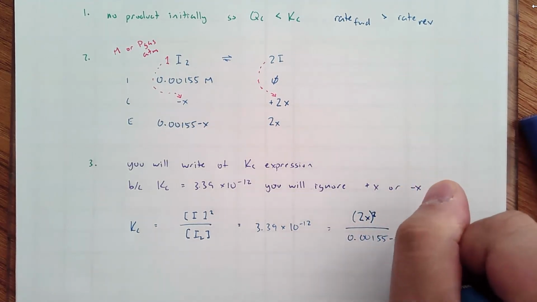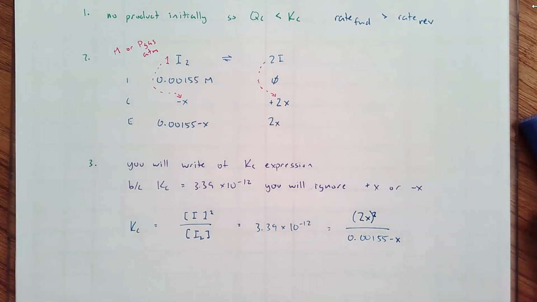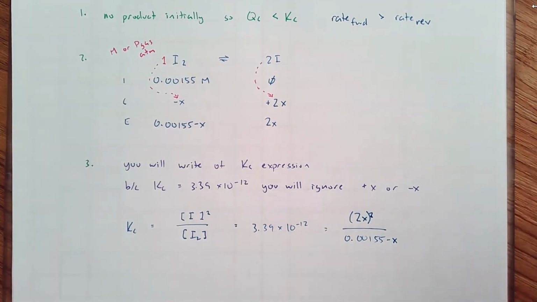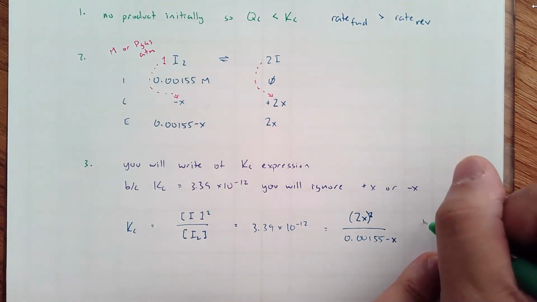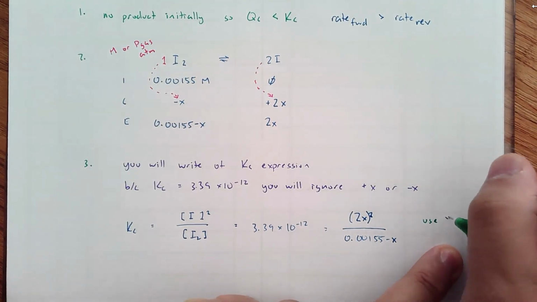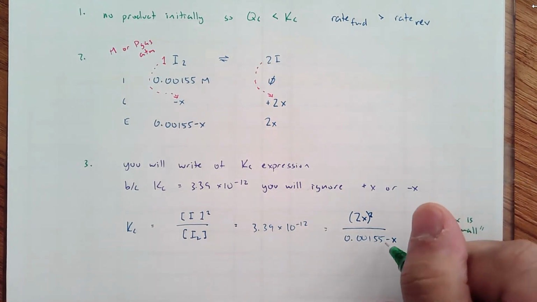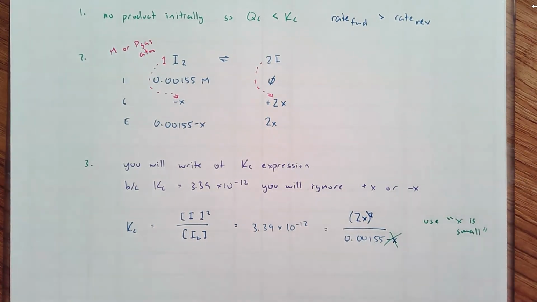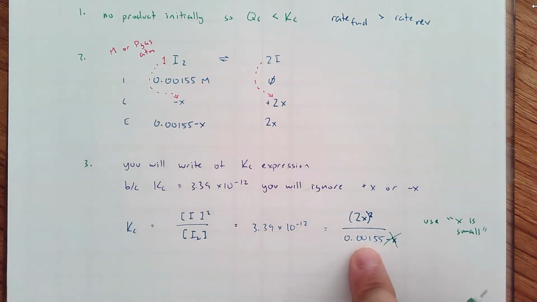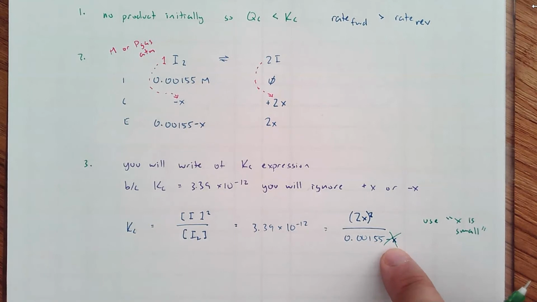And we have this 0.00155 minus x. In the margins, I'm going to write for the greater, we are going to use x is small. And I'm going to get rid of x. It's analogous. We have our body weight, and here we're subtracting a quarter.